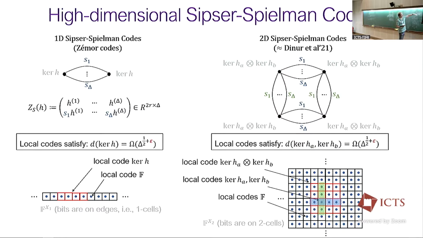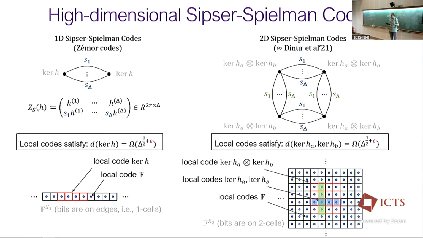The idea is exactly the same. Here we consider this code defined by this parity check matrix. And now this is a syndrome, so we have a different interpretation right now. Since it's a syndrome, what do we need for local testability?